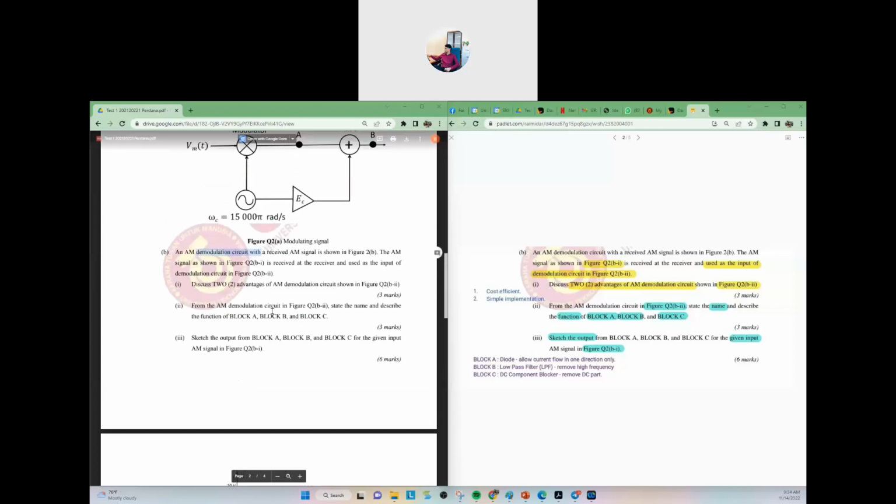This is your received AM signal. You can see this is actually EC plus EM, and this one is minus EC minus EM. The AM signal in figure Q2B1 is received at the receiver and used as the input of the demodulation circuits.